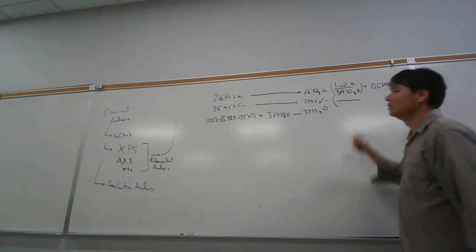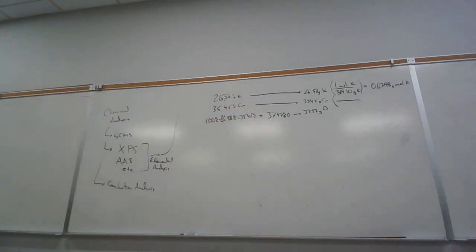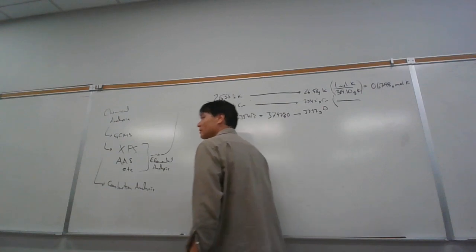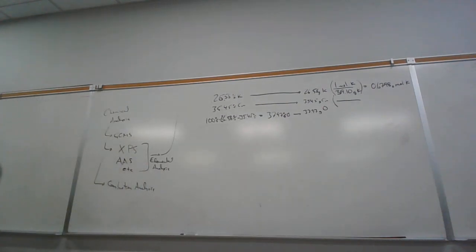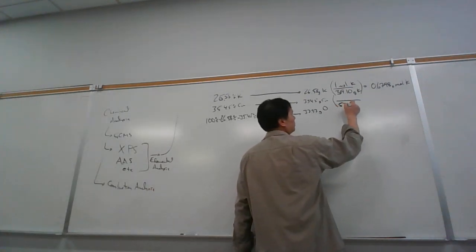Okay, chromium. The molar mass for chromium off the periodic table is 51.9961. I'm going to round it to 2 decimal places, so I'm just going to round this to 52.00.